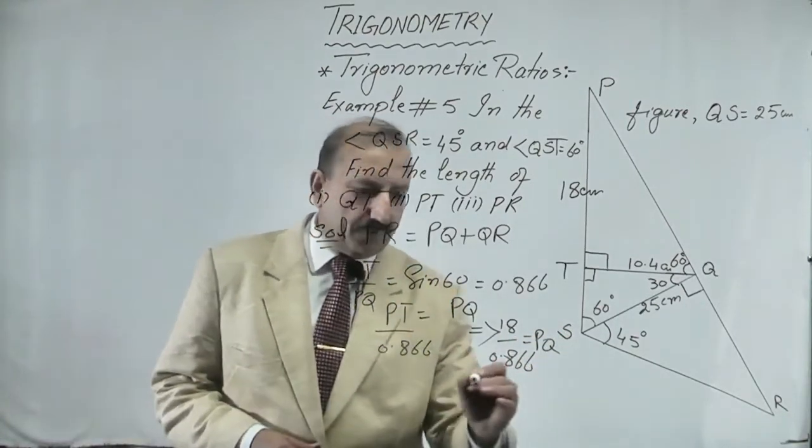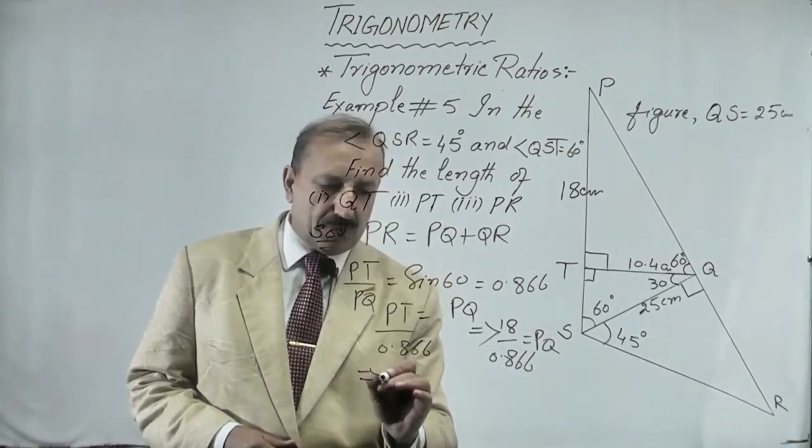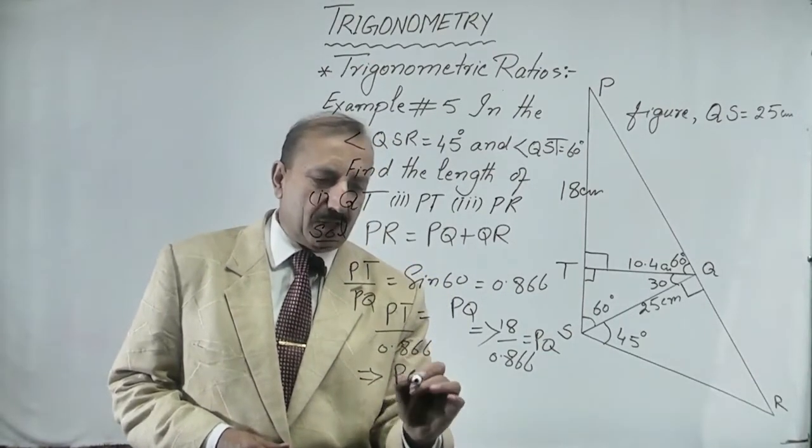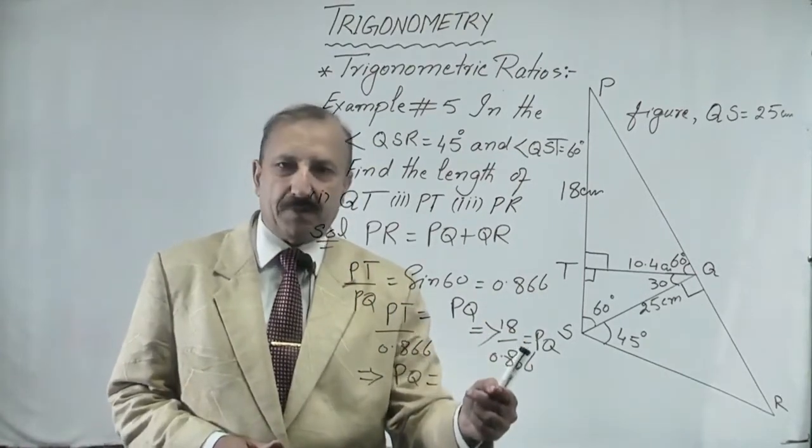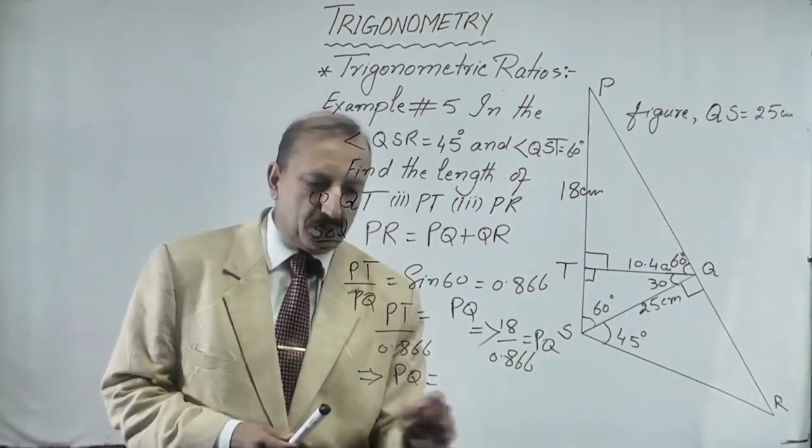And now with the help of a calculator we can write the value of PQ. We will divide 18 by this number and we will get the value of PQ.